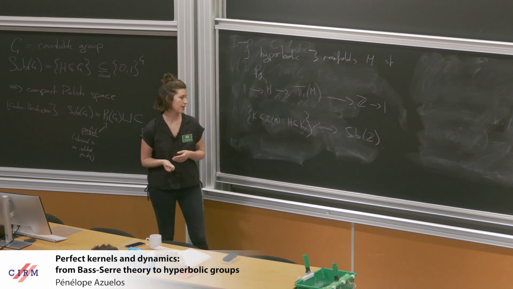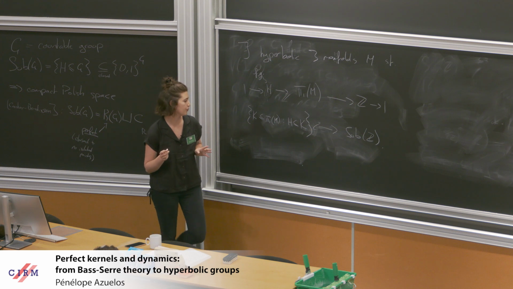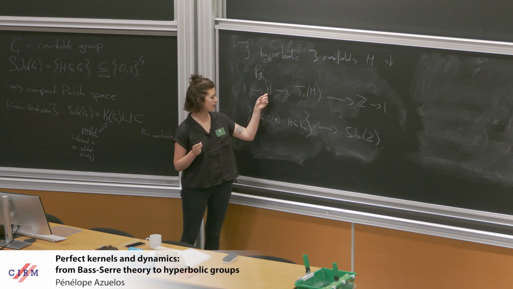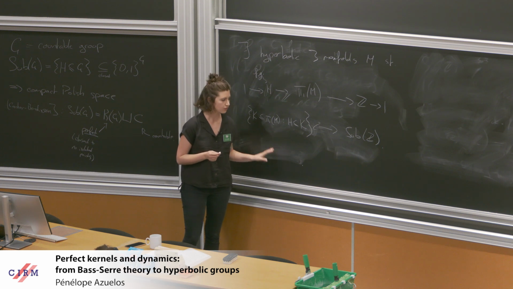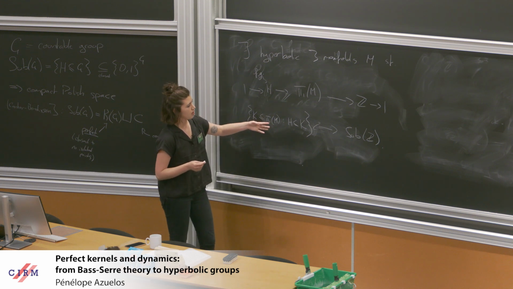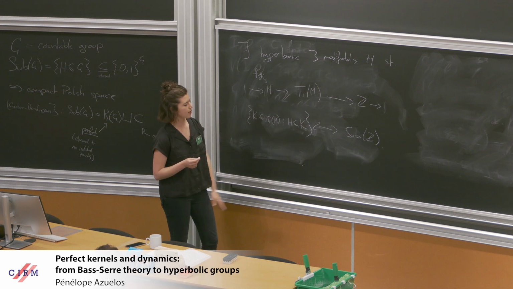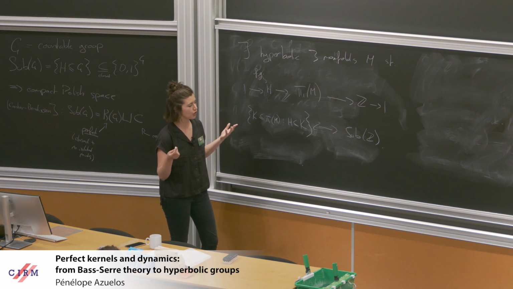So this is actually, on its own, enough to conclude that H is not in the perfect kernel. The reason why is, as I said before, the fact that H is finitely generated means that this set is an open neighborhood of H. And if it's in bijection with Sub(Z), it means there are only countably many subgroups in this set, and that's not enough.